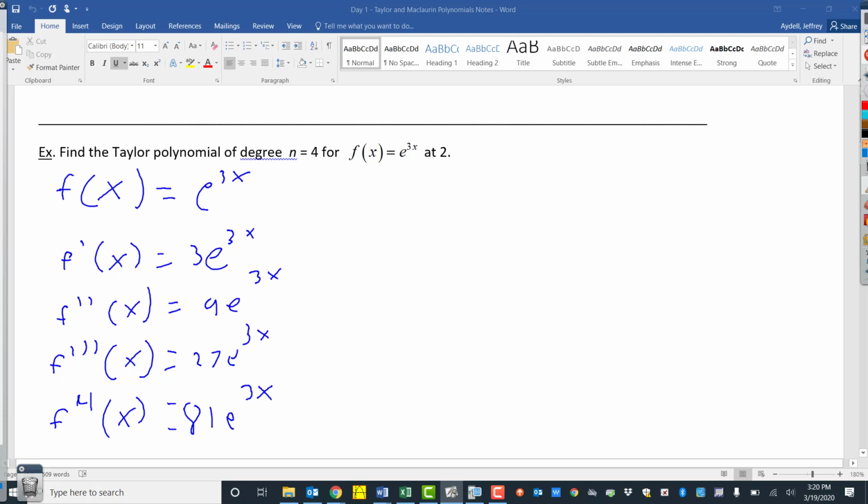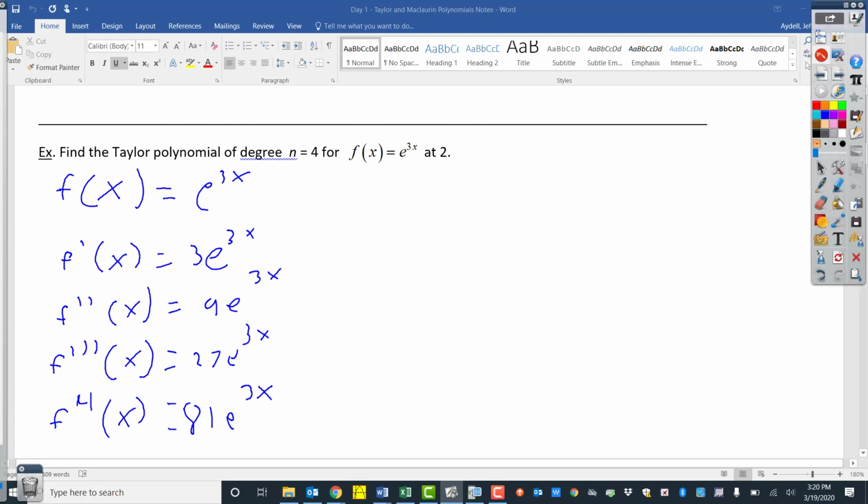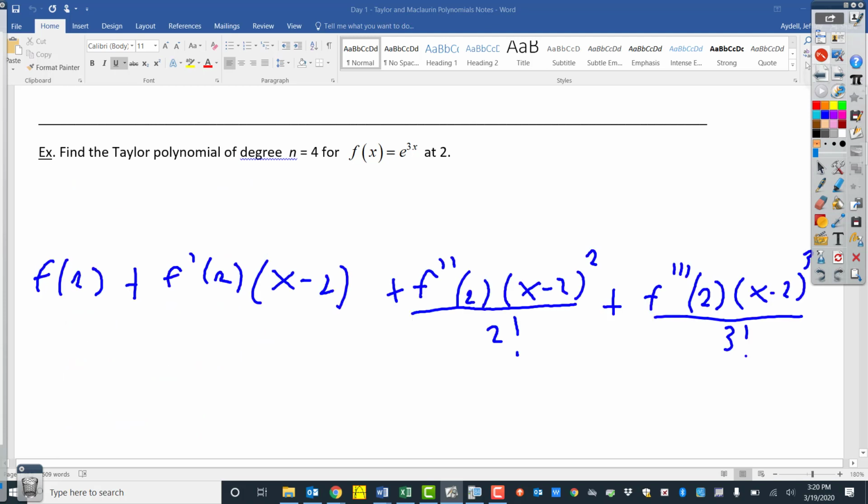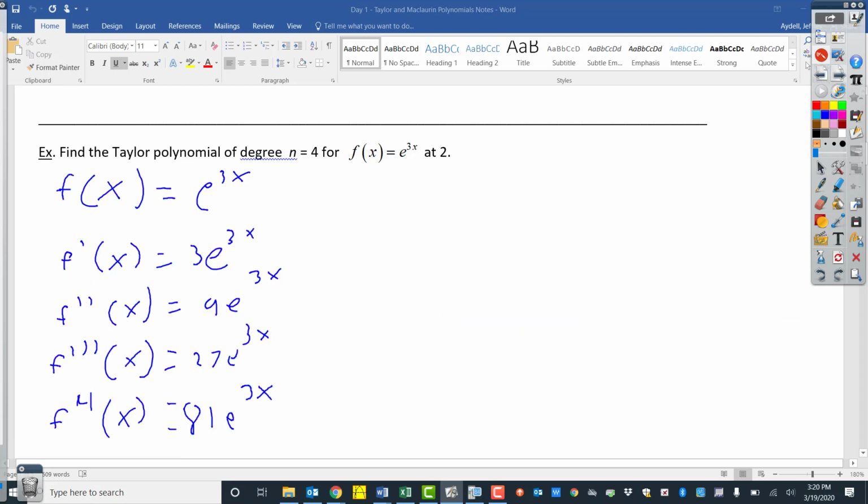Now we want it centered at 2, which means if we look back at our formula we had earlier, that needed f of 2, f prime of 2, f double prime of 2. PS, 2 is what our c value is. So now we're going to take all of these and actually plug in 2 to them. So we're going to start with f of 2.